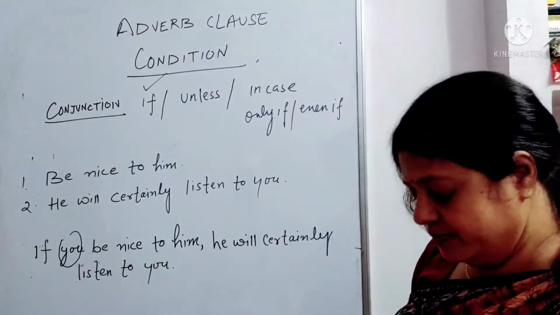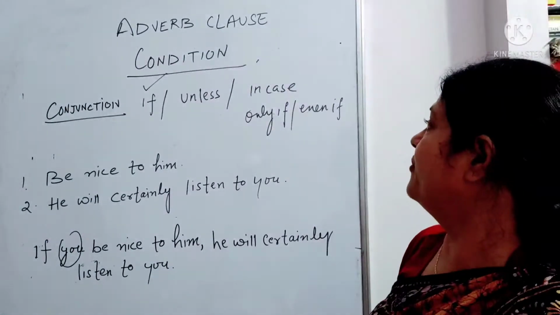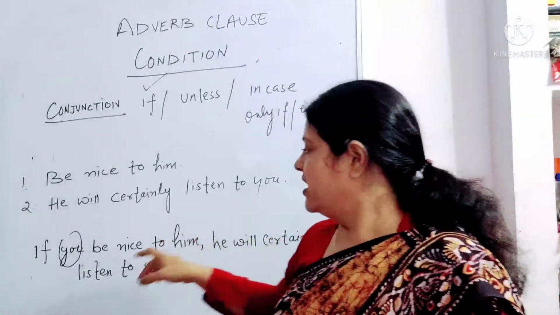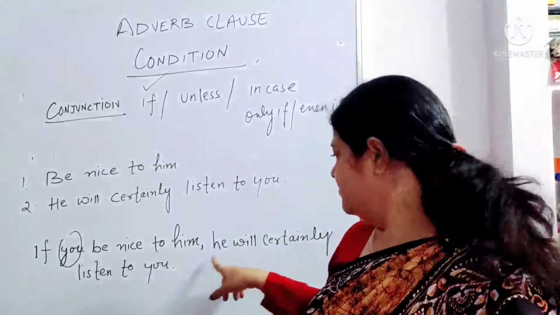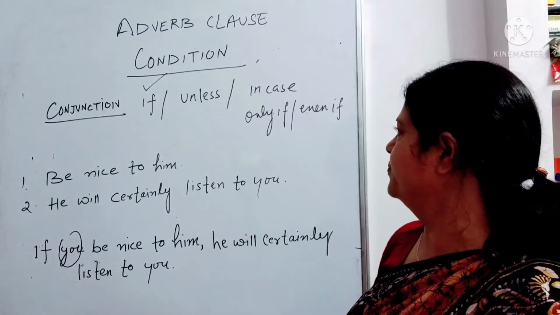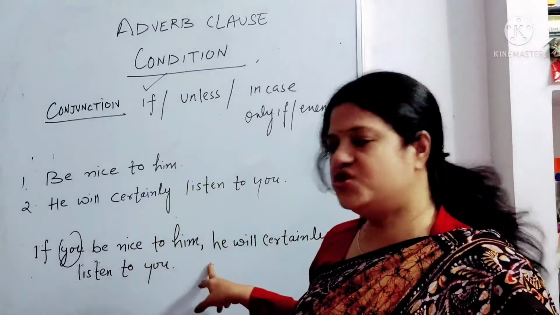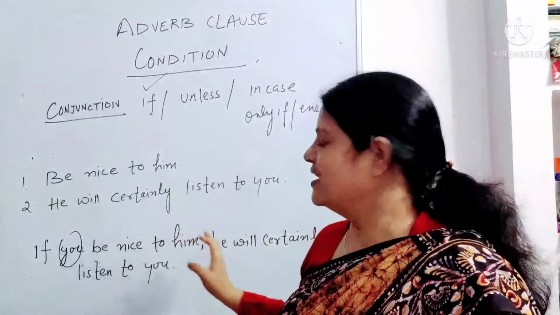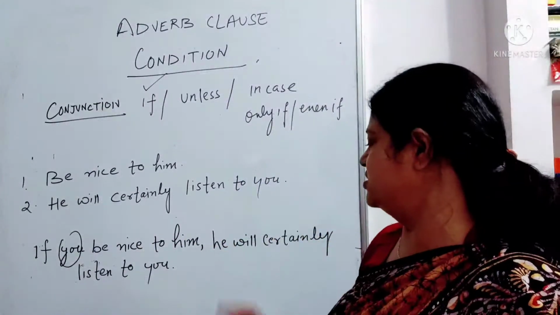In place of if, we can write in case too. So in case you be nice to him, he will certainly listen to you. Only if you be nice to him, he will certainly listen to you. If you be nice to him, certainly he will listen to you.